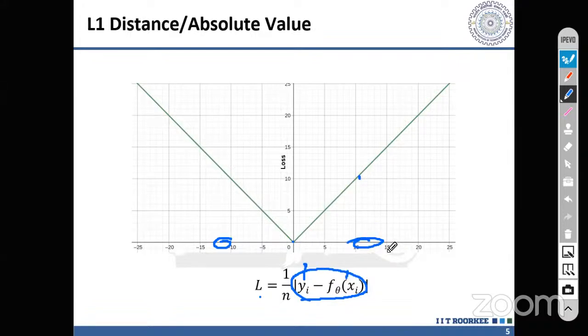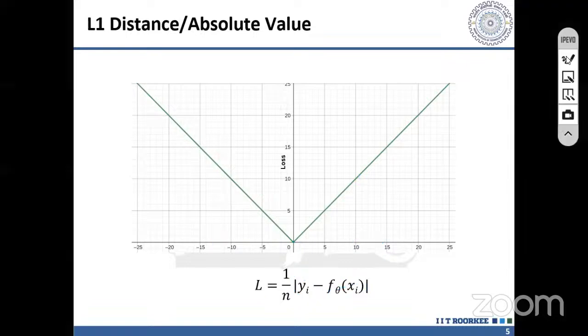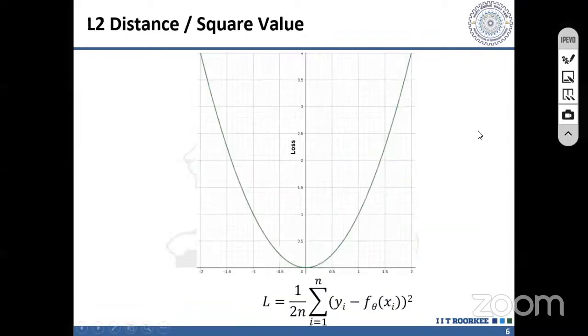I'm considering the error function as yi minus f theta x, meaning the prediction for x. Instead of f, you can consider this the prediction, and yi is the actual. If you take the absolute value of this difference, it will be the absolute error. You can also consider this error function as a square term.